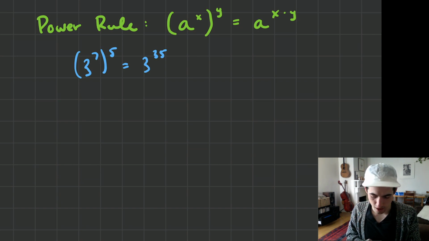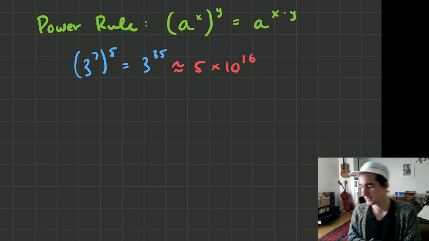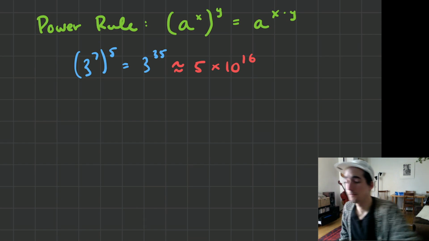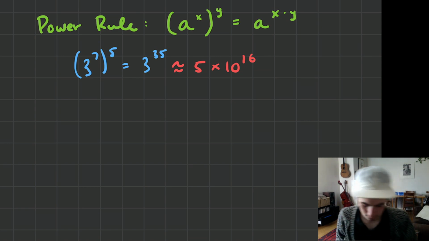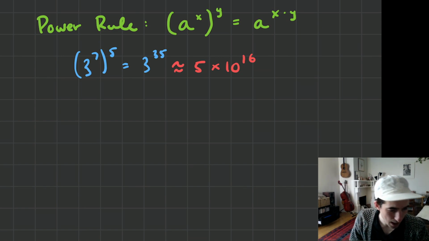So just as a neat piece of trivia, this is approximately equal to 5 times 10 to the power of 16. So 10 to the power of 16, that's 16 digits. So that's a big number. Okay, so we did the quotient rule, we did the power rule.